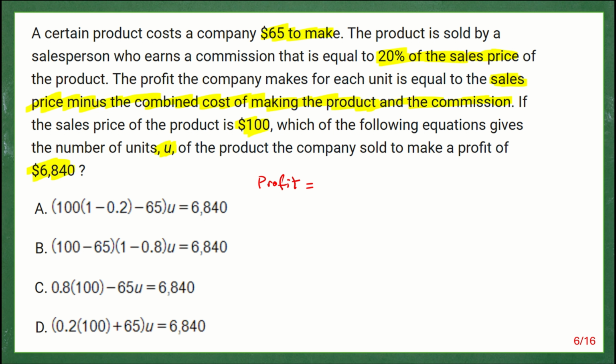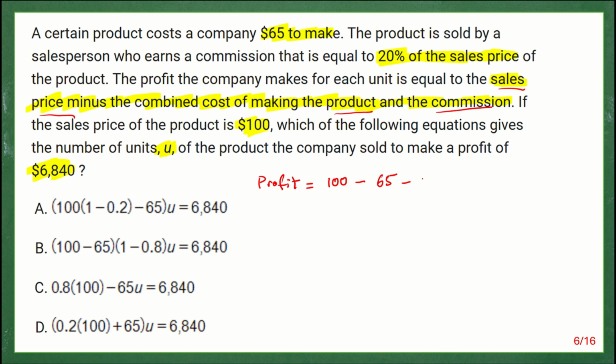Okay, so we are given that the profit is basically the sales price, that is $100, minus the combined cost of making the product, and the cost to make the product is $65, and the commission, and for the commission that is 20% of the sales price.